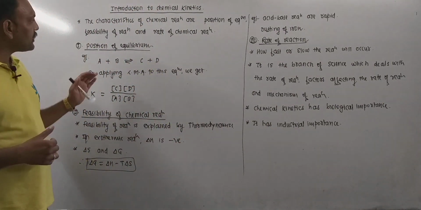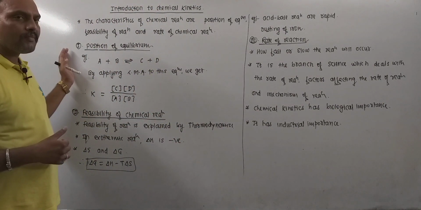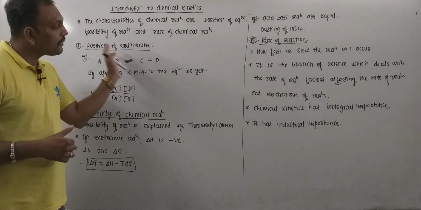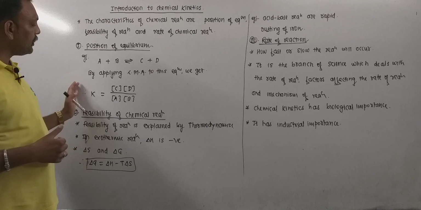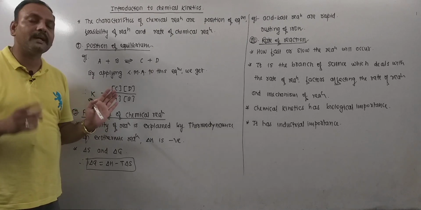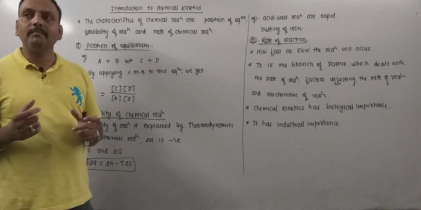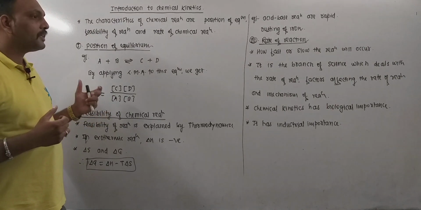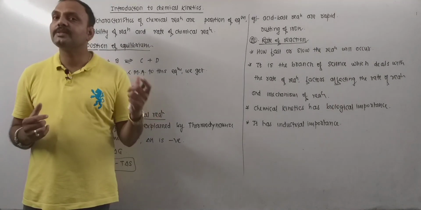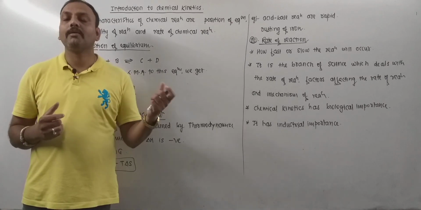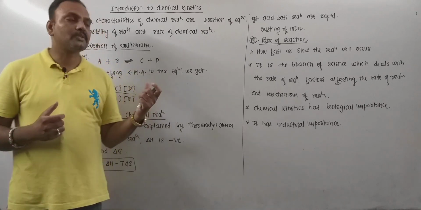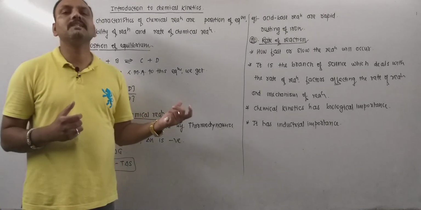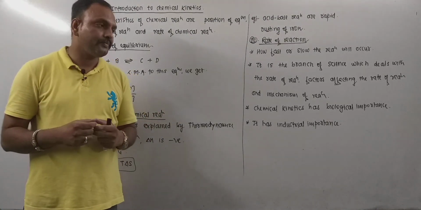Now the position of equilibrium is part of the discussion in chemical equilibria. And remember, the equilibrium constant is the key factor, and it depends on the concentration of ingredients at equilibrium and not on the pathway between the initial and final state.